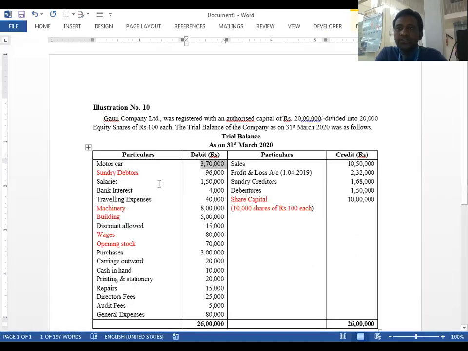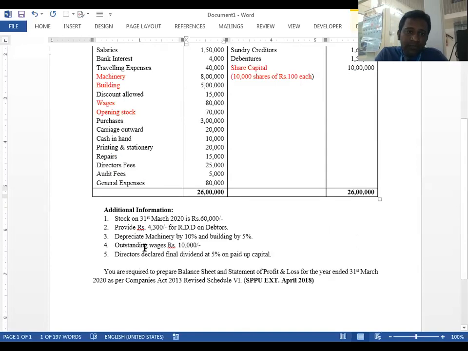Then the next item, sundry debtor. Sundry debtor is one type of asset. There are two types of assets, non-current assets and current assets, where sundry debtor falls under current assets. Again, there is a separate note regarding current assets.